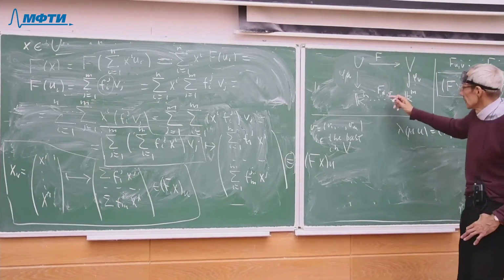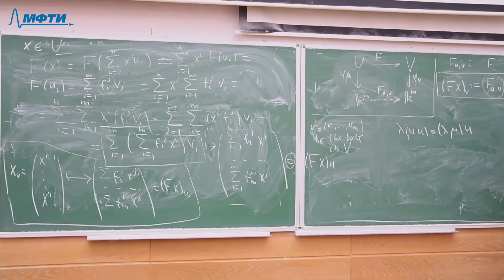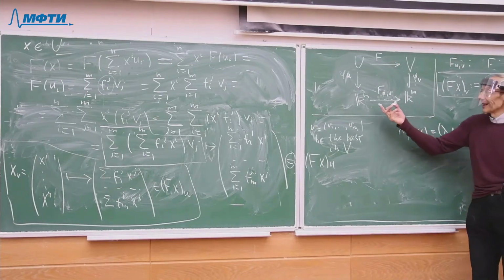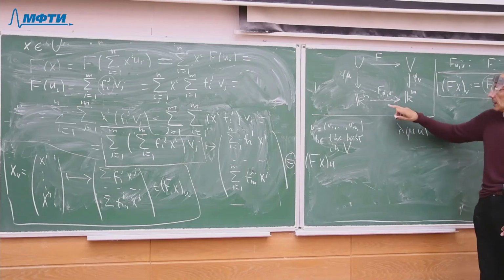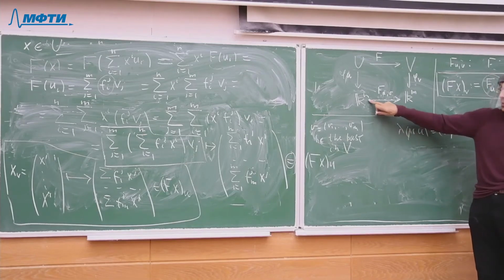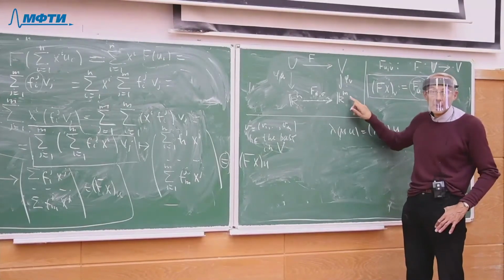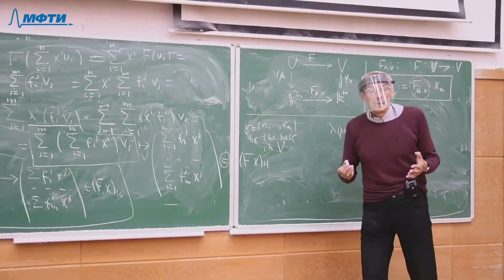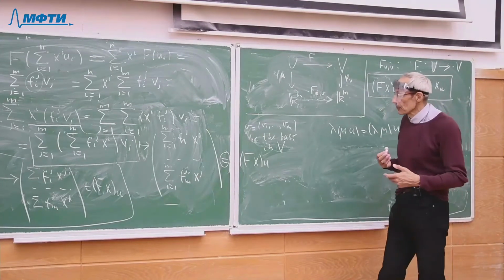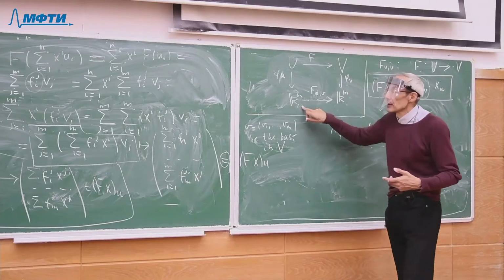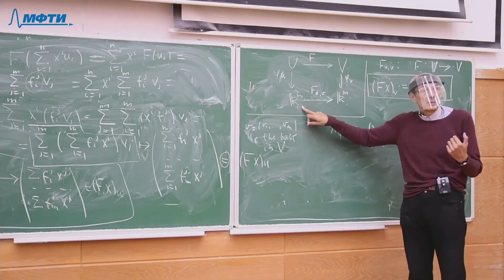And this matrix I can consider as a linear transformation from the arithmetical vector space R^m to the other arithmetical vector space R^n. Any multiplication by a matrix can be considered as such a linear transformation from one arithmetical space to another.